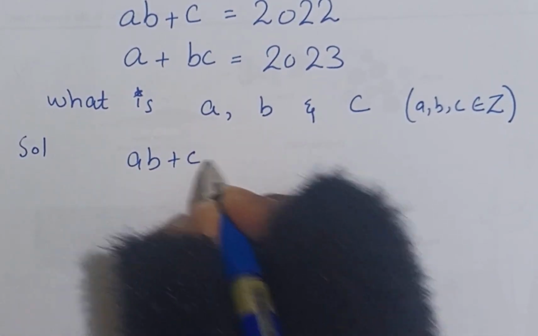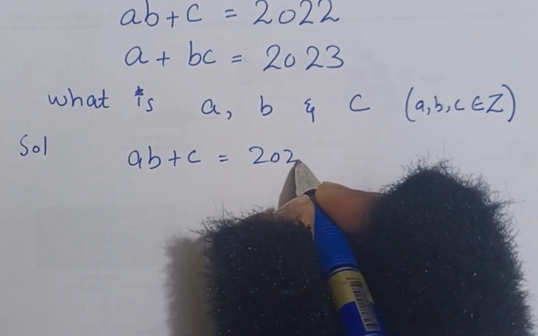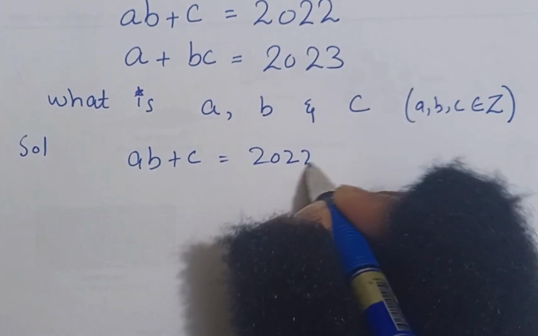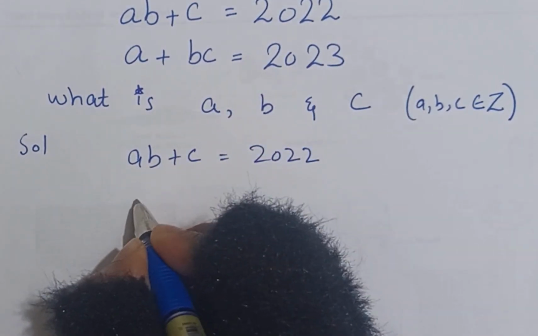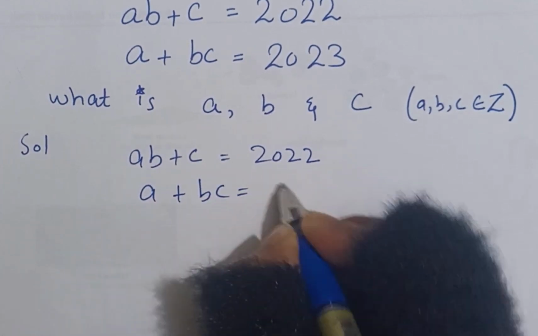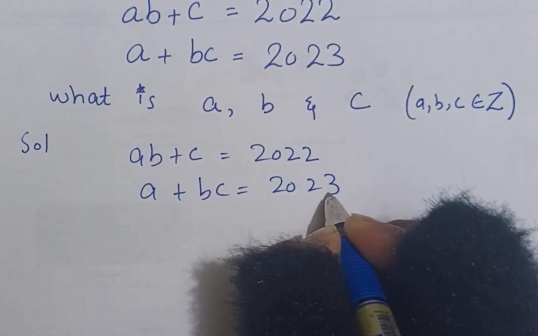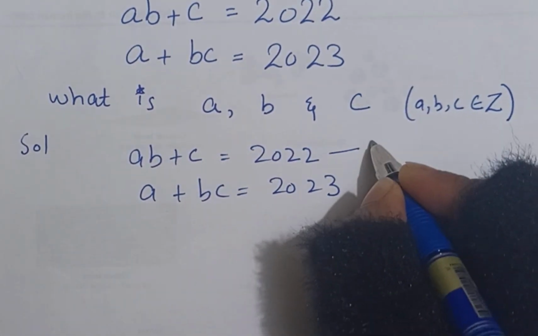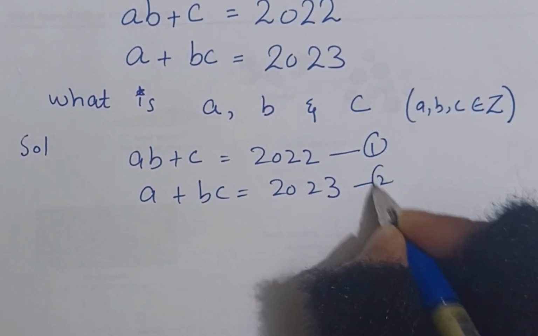AB plus C is equal to 2022, and the second equation is A plus BC is equal to 2023. We call this equation number 1 and this equation number 2.